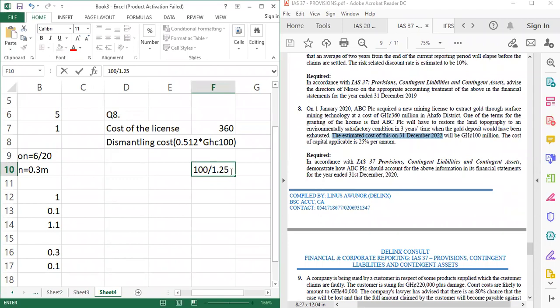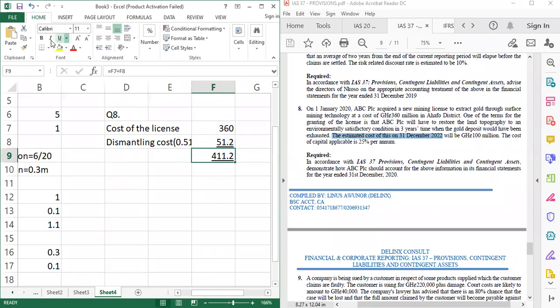You get the same answer. You can also find the discount factor first before you multiply. How much are we getting? 51.2. So the total value of the asset will now be this plus 411.